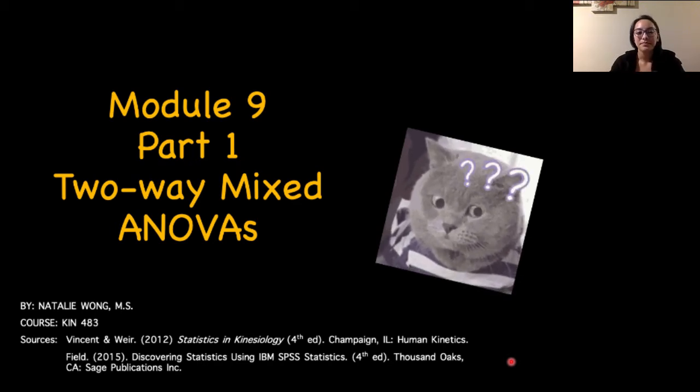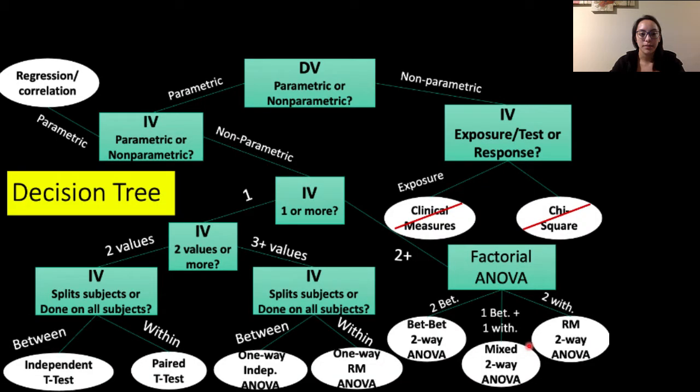So if we take a look at our decision tree, this is the last test. Woo! Okay, so our pathway this week is parametric dependent variable, non-parametric independent variable.